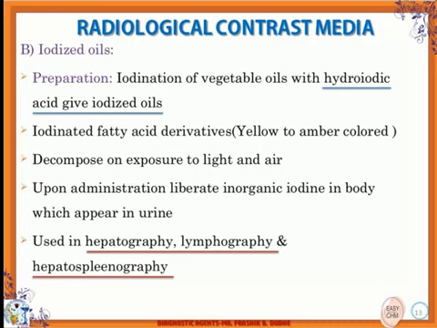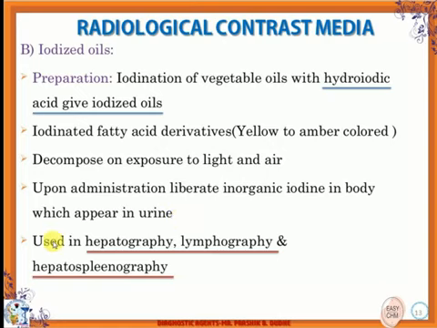These are iodized fatty acid derivatives which are yellow to amber in color. They are easily decomposed in the presence of light and air. When administered, they liberate inorganic iodine in the body, which acts as a radio opaque substance, and it comes out in the urine, which can be easily observed.